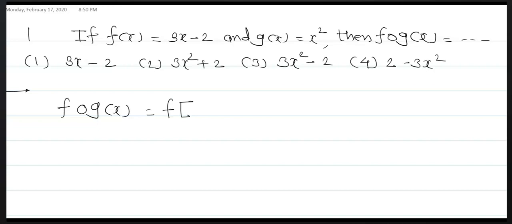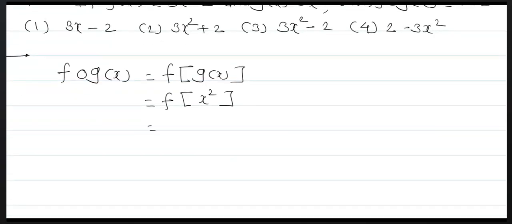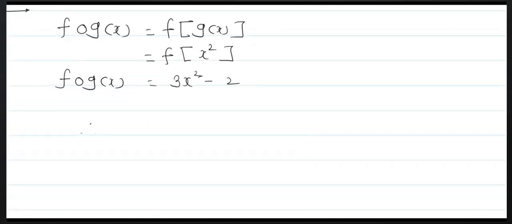Therefore, f of g of x, g of x is x square and f of x is 3x square minus 2. And therefore option 3 is the correct one, that is 3x square minus 2.